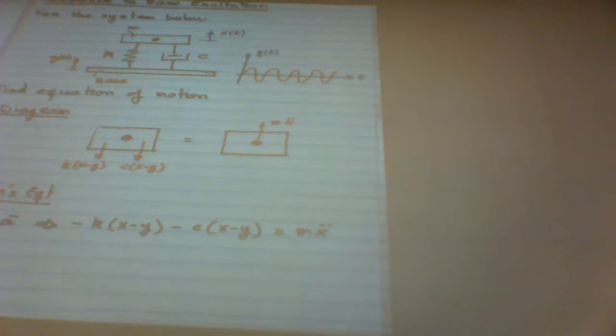So this will give you what? m x double dot plus c x dot plus k x, which is a classic equation. But now what's happening to this term over here? We're going to have terms in y, no? So we're going to have here k y, and then what else? c y dot. Yeah, this should have dots over here.